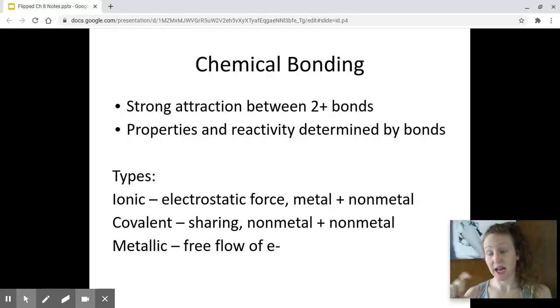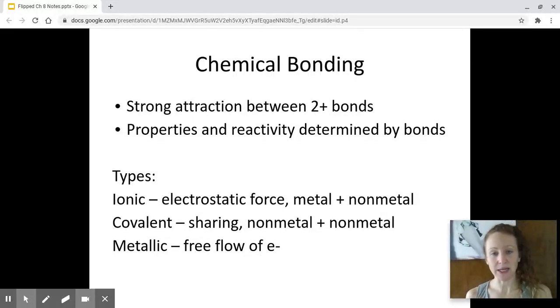So that octet rule of something being very stable when it has 8 electrons in its outermost energy level, that stability, that drive towards the octet rule, that is the driving force between covalent bonds.